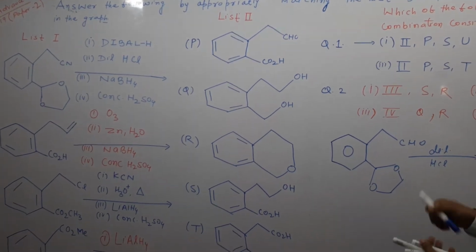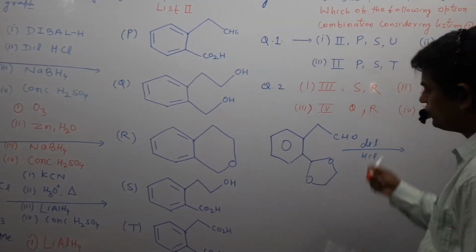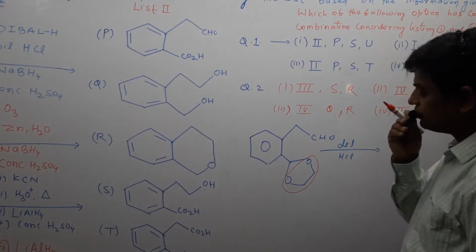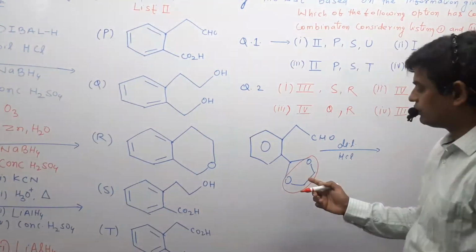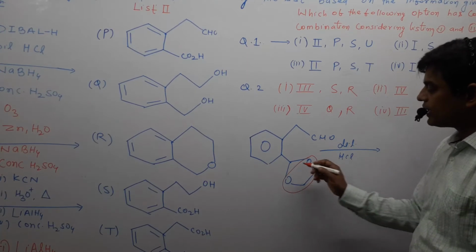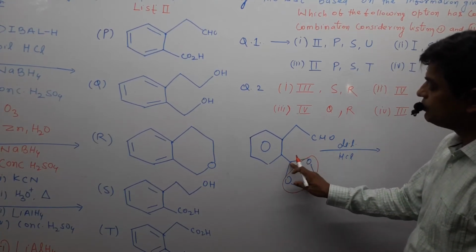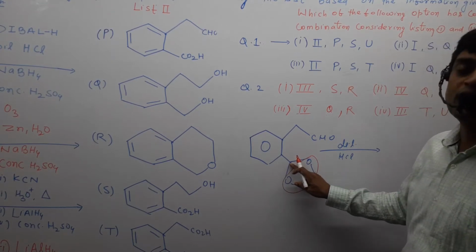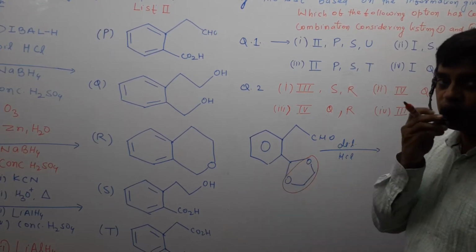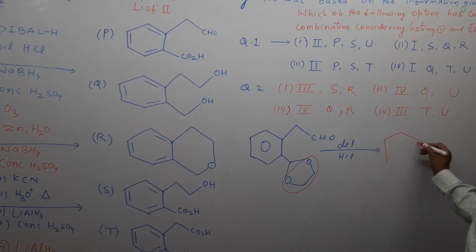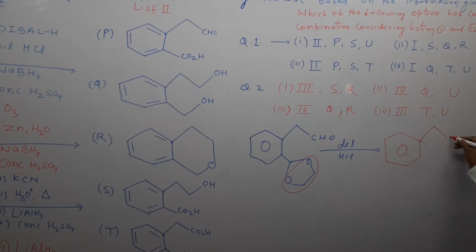Dilute HCl converts this group, which is eliminated as a glycol, we can say ethylene glycol, and this carbon will convert into a carbonyl carbon, and that carbonyl carbon will be an aldehyde. Okay, so next there will also be two aldehydes in this compound. First is this, and second one is this.